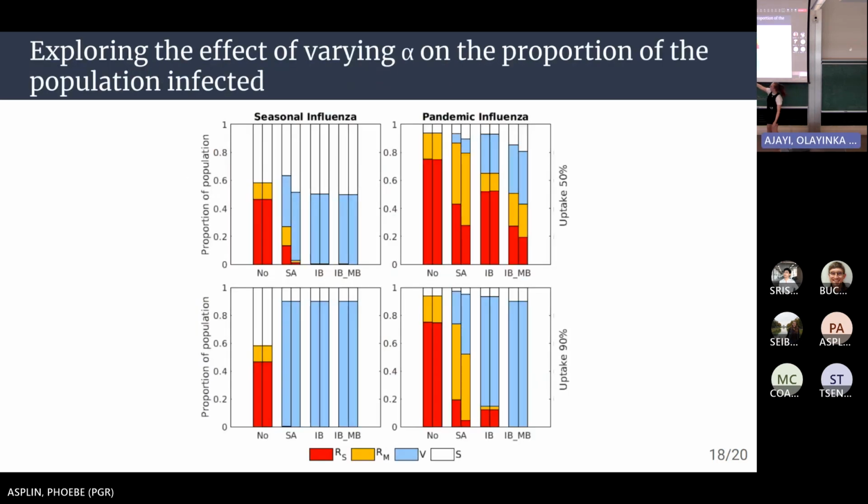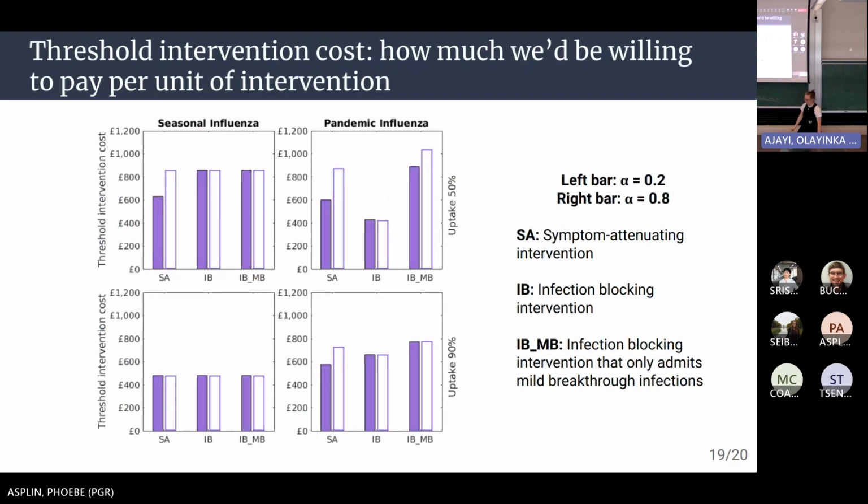In the no intervention case, it's the same number of cases that are severe. And now in this case, our results for the threshold intervention cost kind of make a bit more sense. So we basically end up with the result being, for the infection blocking intervention, it doesn't really matter.